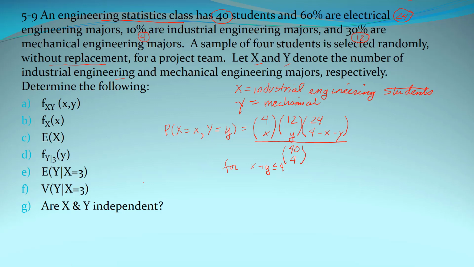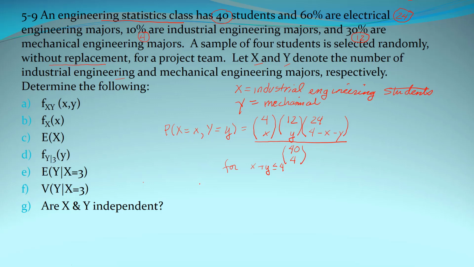We have to figure out what the probability is for every single one of these possibilities. So let's do this for the first one.